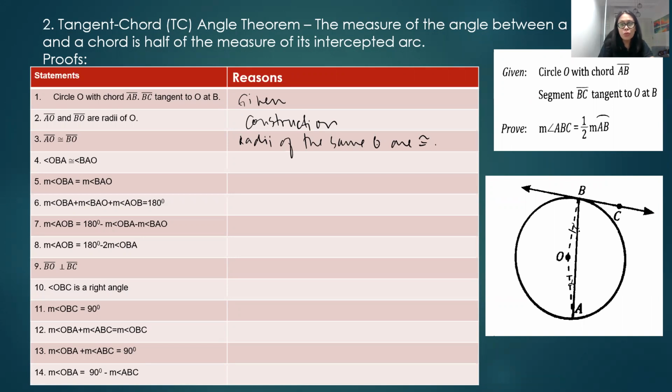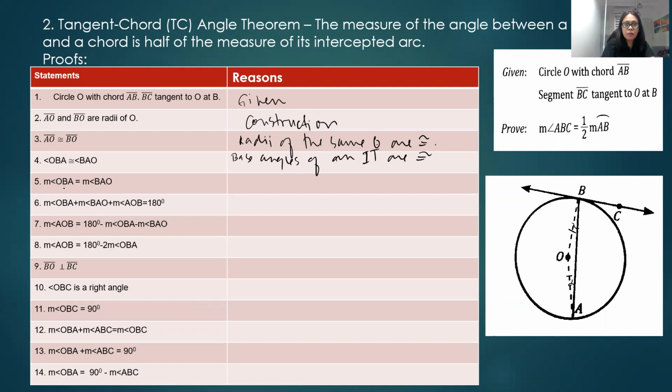The two angles here are the base angles of this isosceles triangle. And base angles of an isosceles triangle are congruent. That's why the two angles here are congruent.